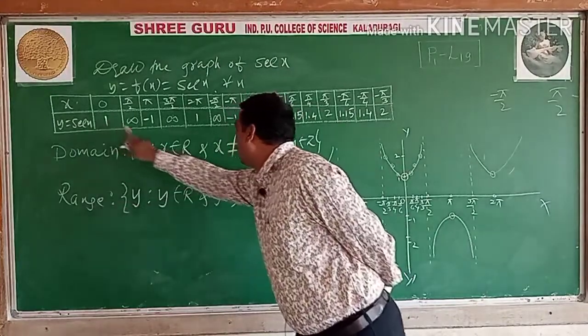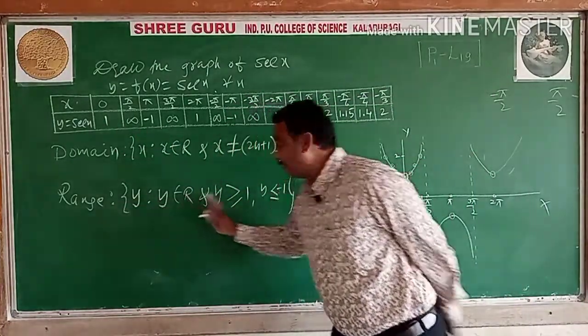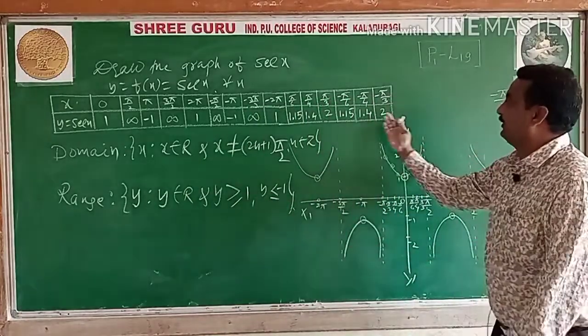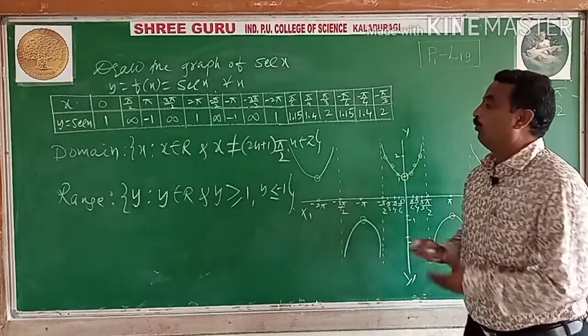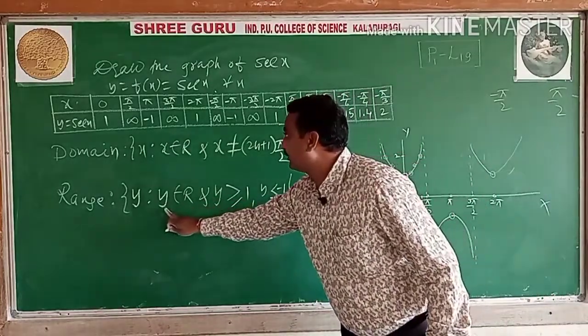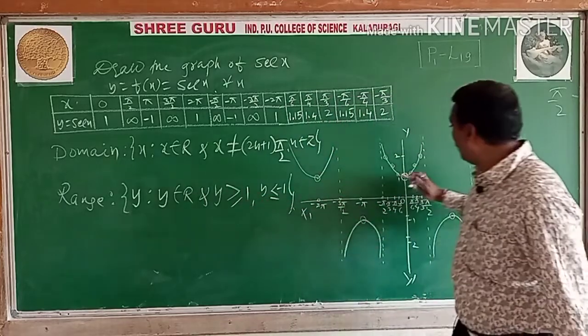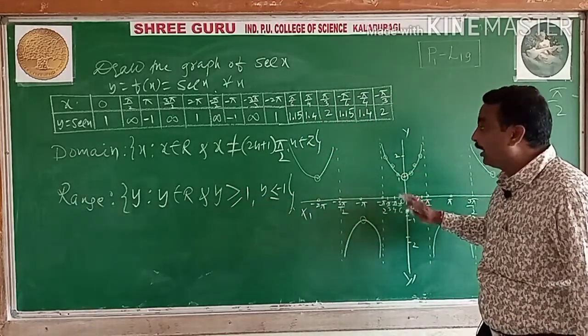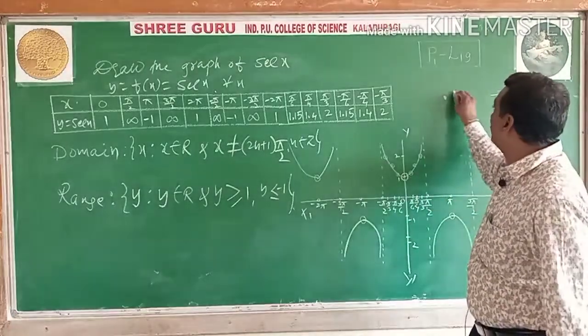Now see the range. Range is the set of y values, where y belongs to the set of real numbers, and y is greater than or equal to 1. Less than 1 is not possible; minus 0.5 or 0.9 is also not possible.